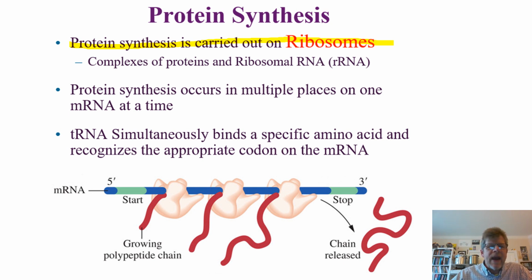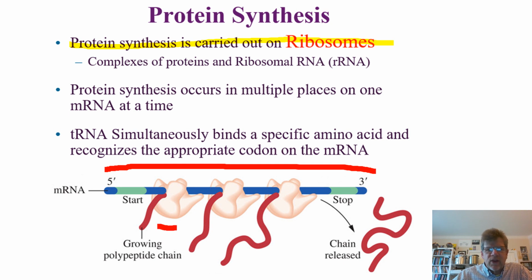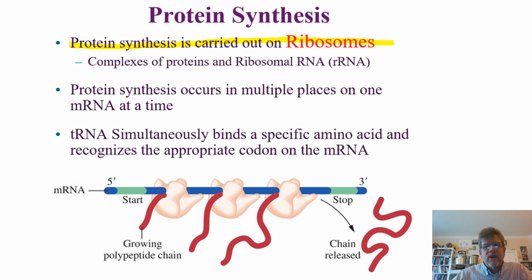So here now, within that ribosome, we have moving through it our messenger RNA, which is given right here. These sort of look like field snails, if you will. These are representations of the ribosome, which we'll look at in more detail in just a minute.